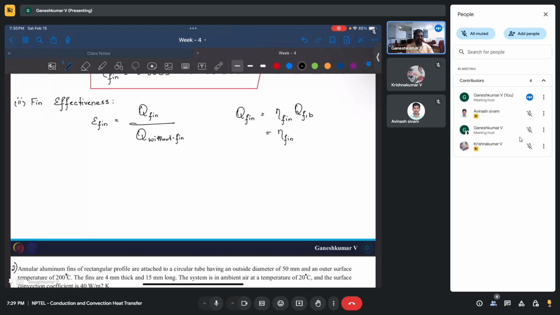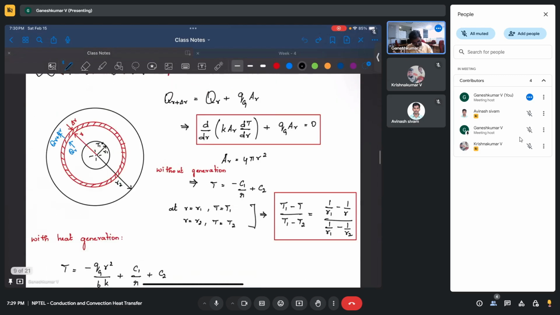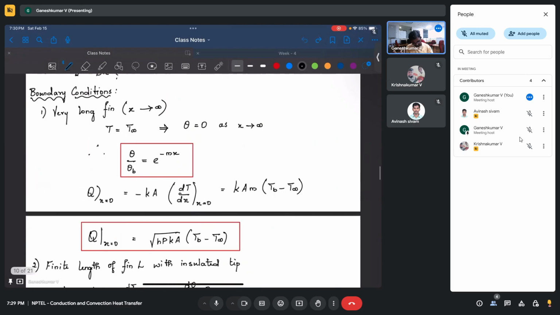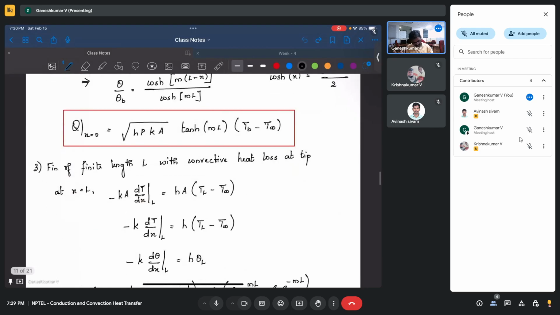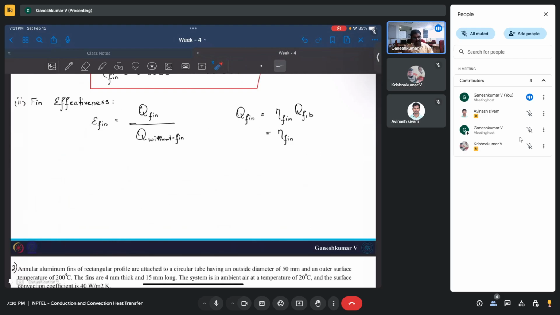Or actually you can find Q fin, because we already have derived the formula, the actual heat transfer from the fin. Only thing is theta b, T_b minus T infinity, we don't know, but it will be in the numerator and denominator, so you can cancel it. So you can actually do this also, root of hPkA times tanh(ml). Okay, but let's see where this leads to.